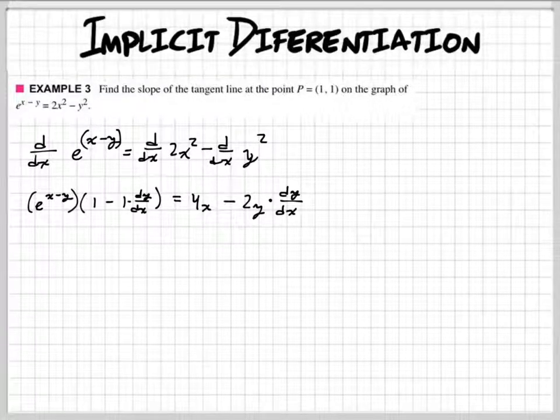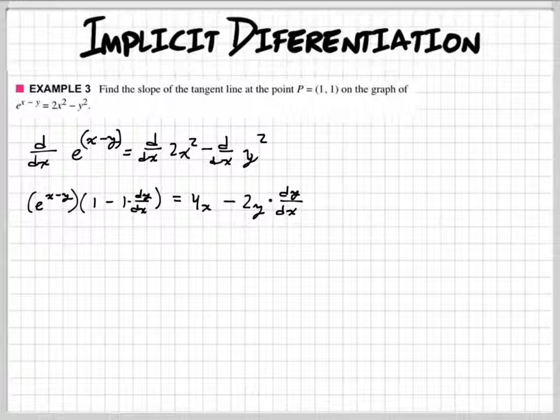Now, how would we get the dy over dx alone? I'm going to show you guys how to do it, but sometimes you don't have to. This question just asks for the slope at this point, right here. What you're looking for is what dy over dx equals, because dy over dx is your slope.